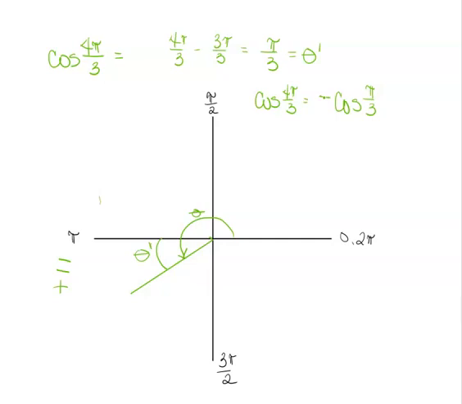Because remember, the functions of theta are equivalent to the functions of theta prime, just not necessarily in sign. And the negative cosine of pi over 3 is going to be negative 1/2 because the cosine of pi over 3 is positive 1/2. So it's easy to evaluate angles that are larger than 90 degrees by using reference angles.